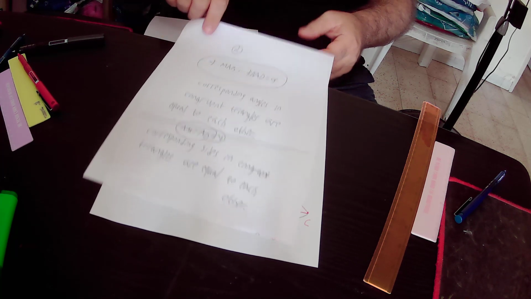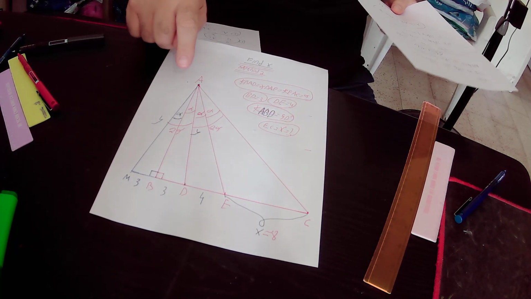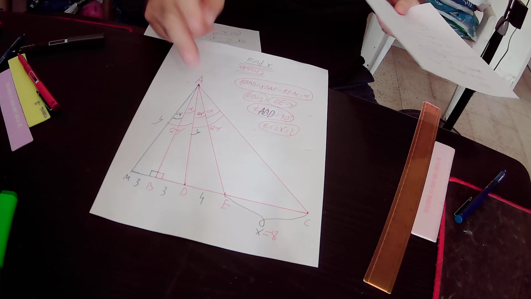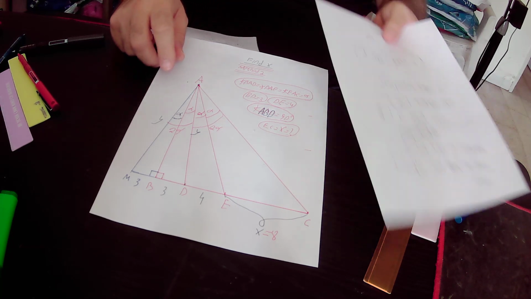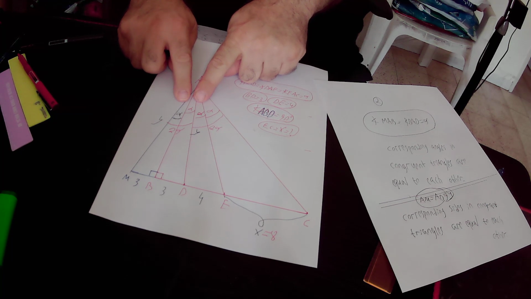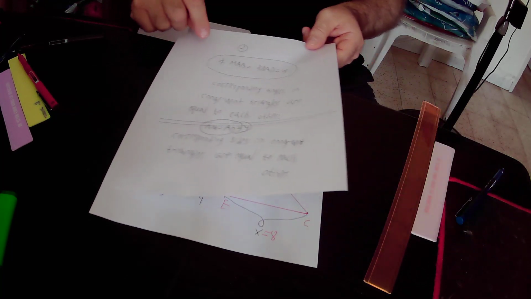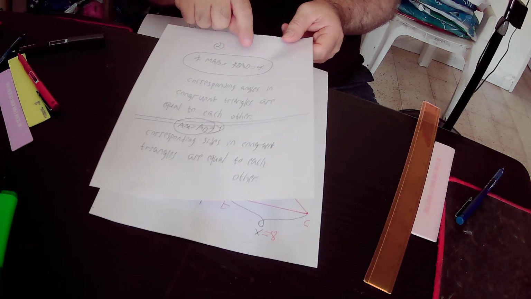Actually, triangle AMB is congruent to triangle ABD, therefore the corresponding angles will also be equal. Okay, angle AMB equals angle BAD equals alpha.